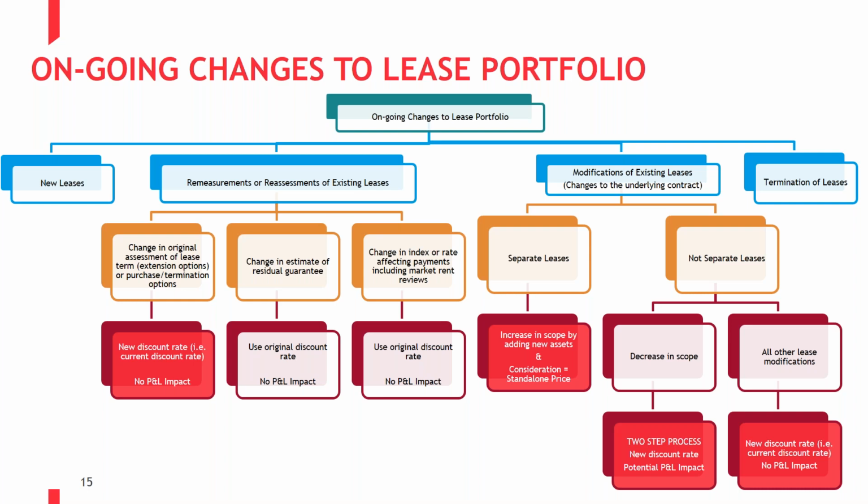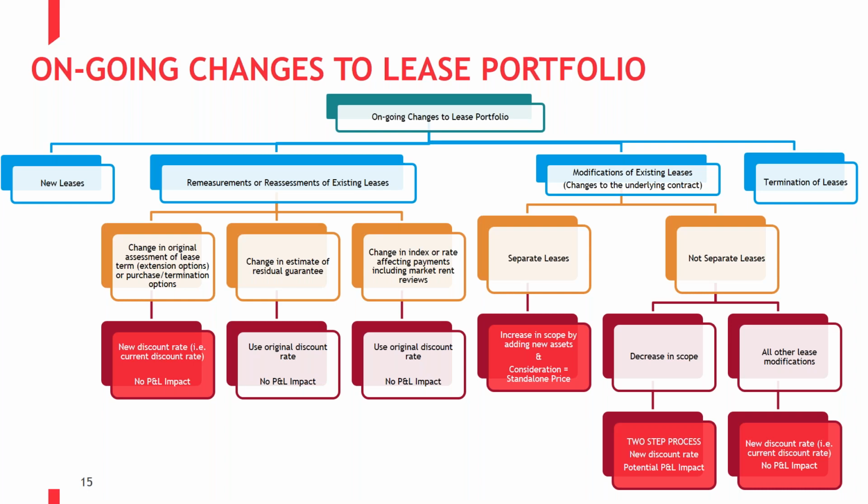and every new lease. However, and people often forget this, we are required to make ongoing changes to our lease portfolio. And this is a diagram that I've explained in previous webinars. And again, last month, Kevin and I just focused on this particular decision tree or overview diagram.